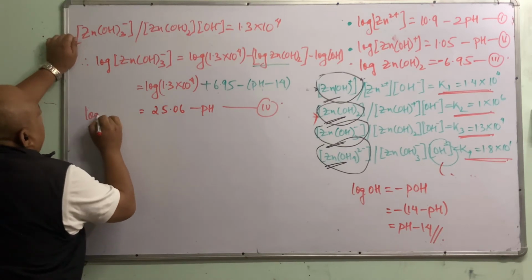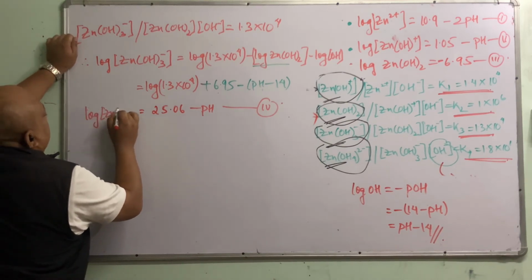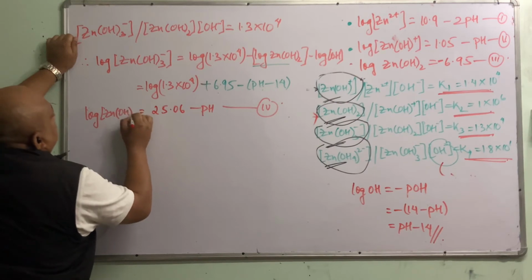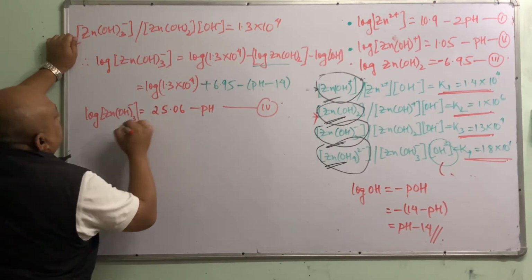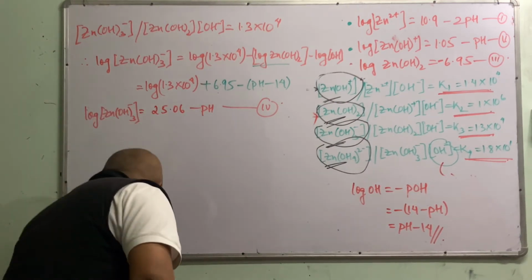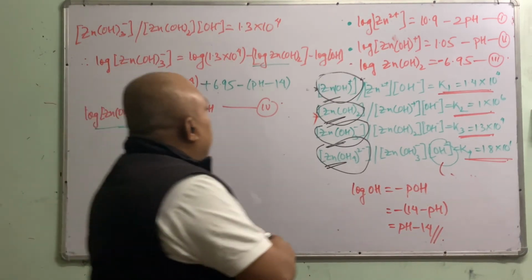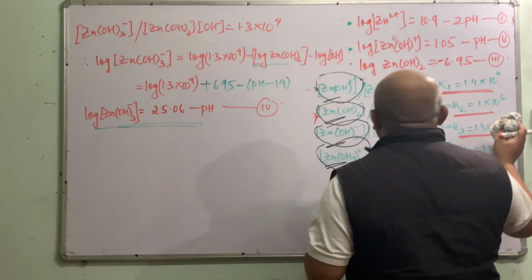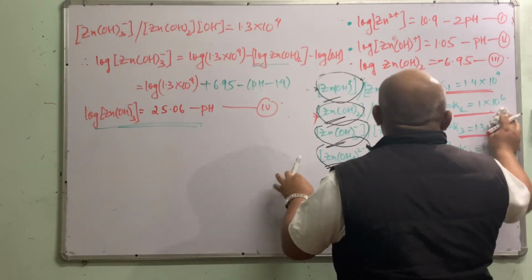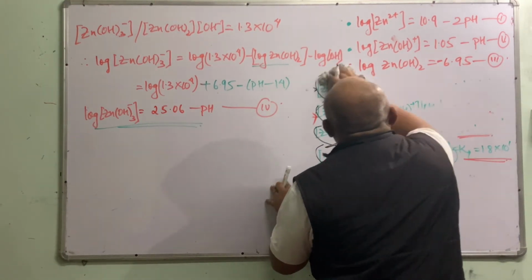This is log of ZnOH3 minus. Okay, so you remember this equation? Now, 1.3. Let me rough up to here.